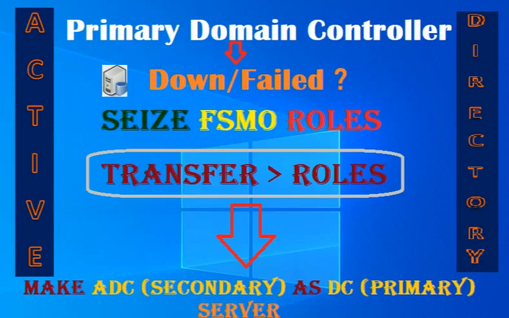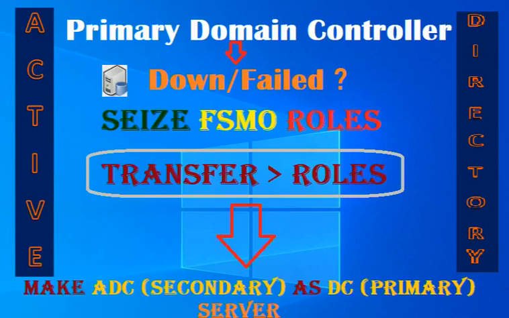But in the seizing case, suppose you have a DC and an ADC, two servers, and unfortunately your server crashed, meaning your domain controller crashed.